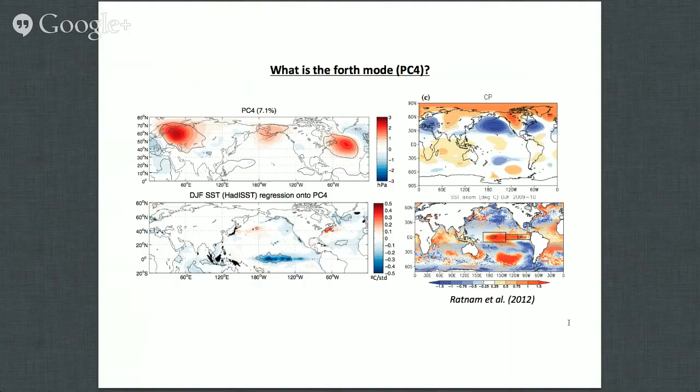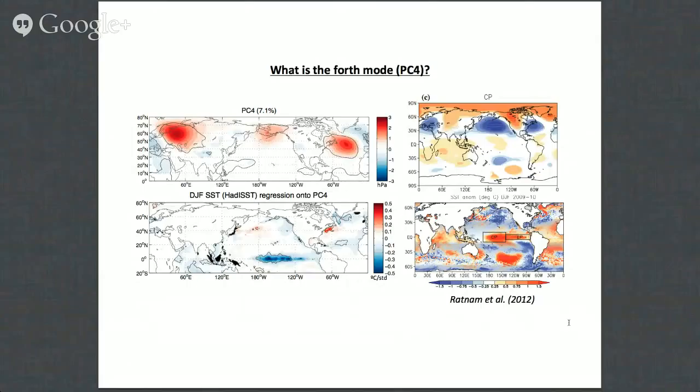You don't have any comments on this? Because honestly, I don't know much about this El Nino and the atmospheric response. Even if this regression coefficient is quite strong, the correlation is like 0.3 or something.